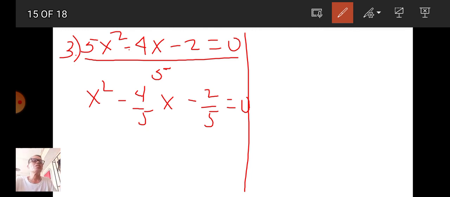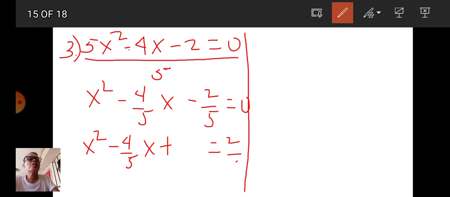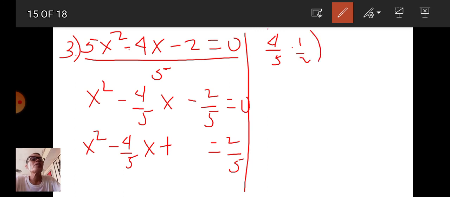Then transpose the constant to the other side. The equation is x squared minus 4 over 5x is equal to 2 over 5. Then multiply 4 over 5 by 1 half. So that is 4 over 5 times 1 half quantity squared.